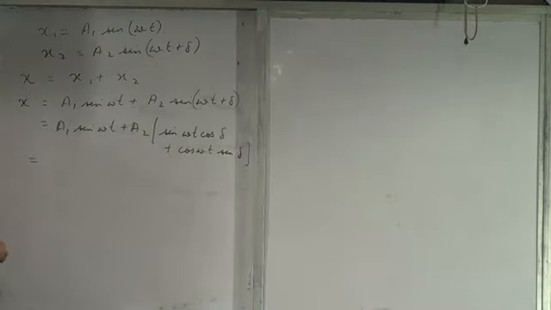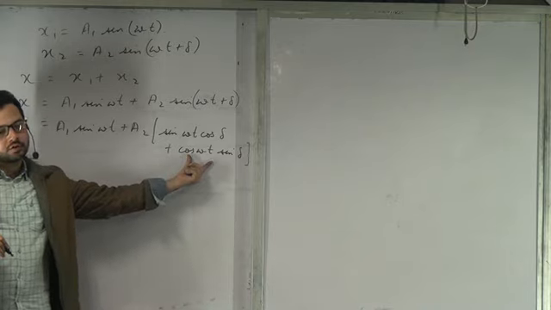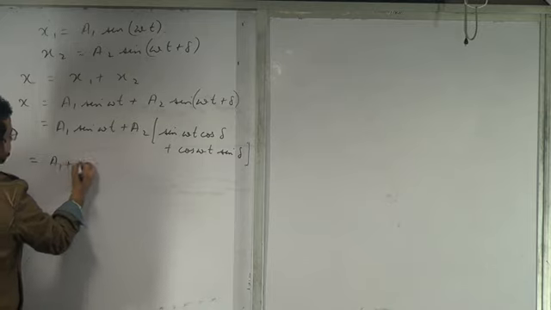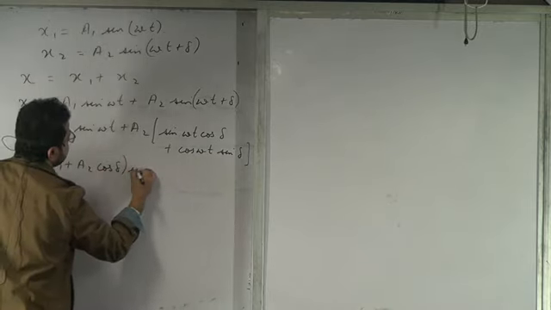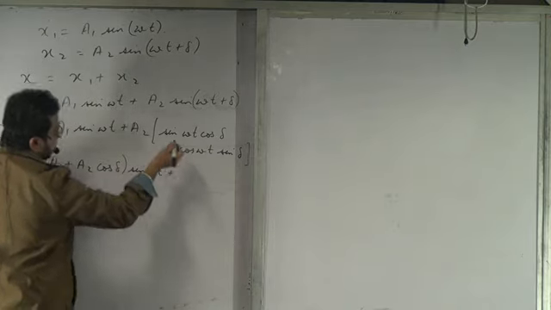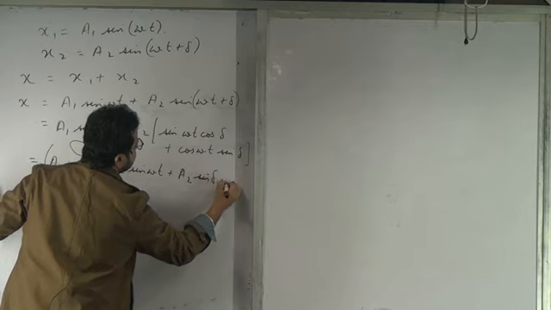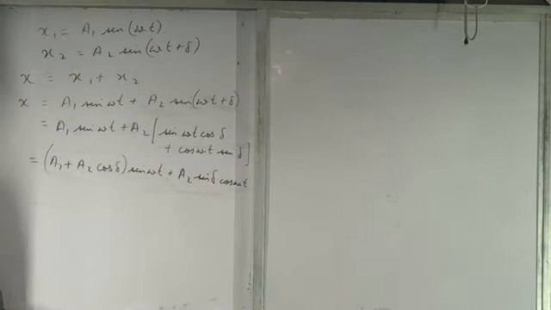Now what we're going to do is take the sine omega t terms together and the cos omega t terms together. So this is going to give me (a1 plus a2 cos delta) into sine omega t, and this is going to give me a2 sine delta into cos omega t. Is that clear? Any problem?